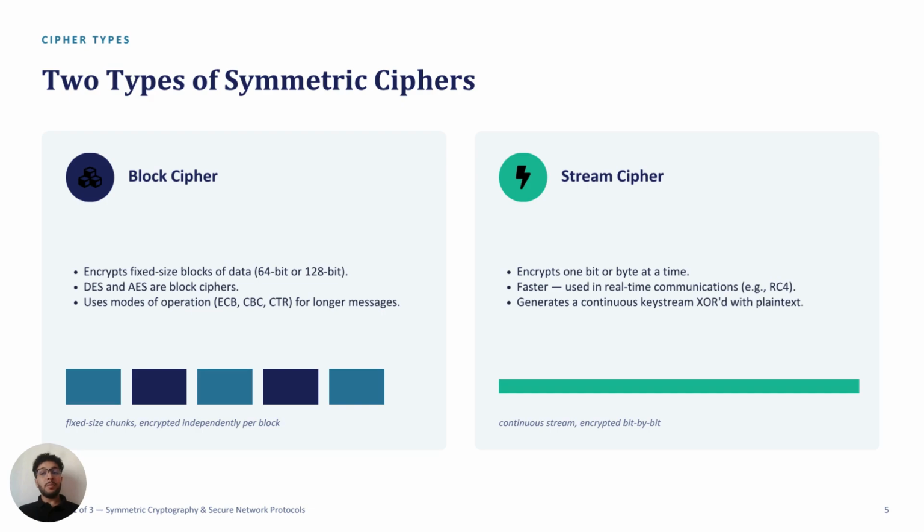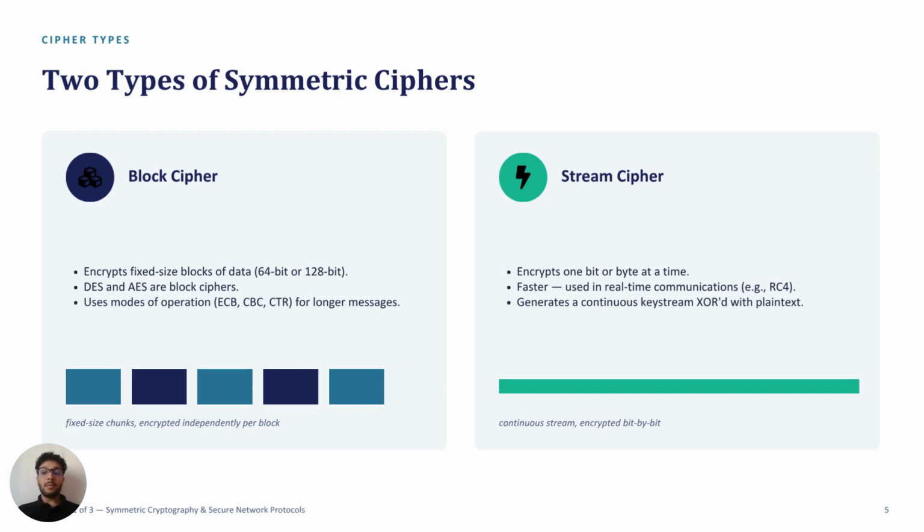Within symmetric encryption, there are two main cipher types. A block cipher takes a fixed-length chunk of data, say 64 bits, applies a series of transformations, and produces an encrypted block of the same size. DES and AES are both block ciphers.